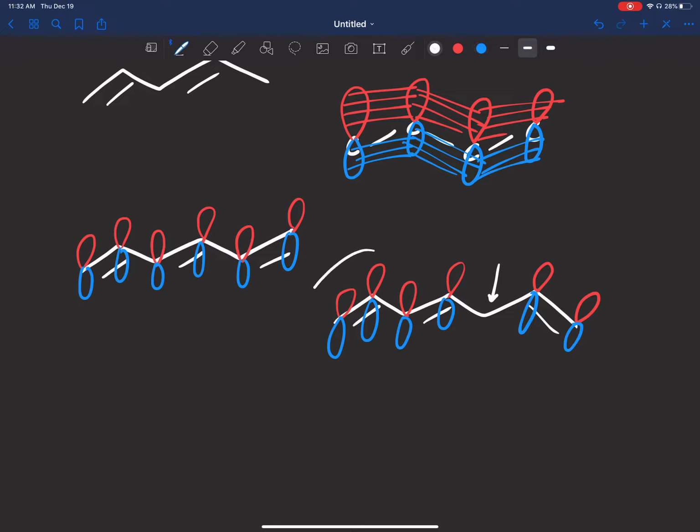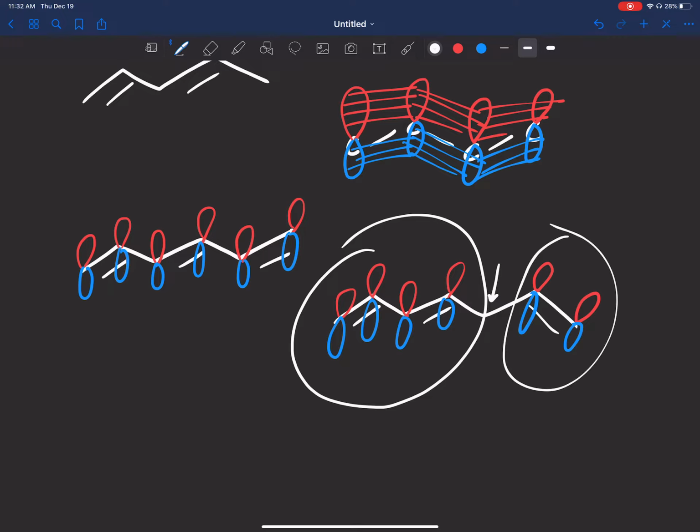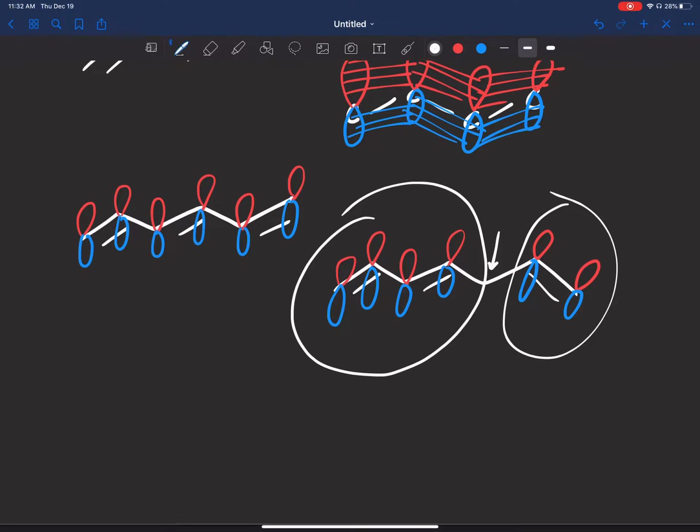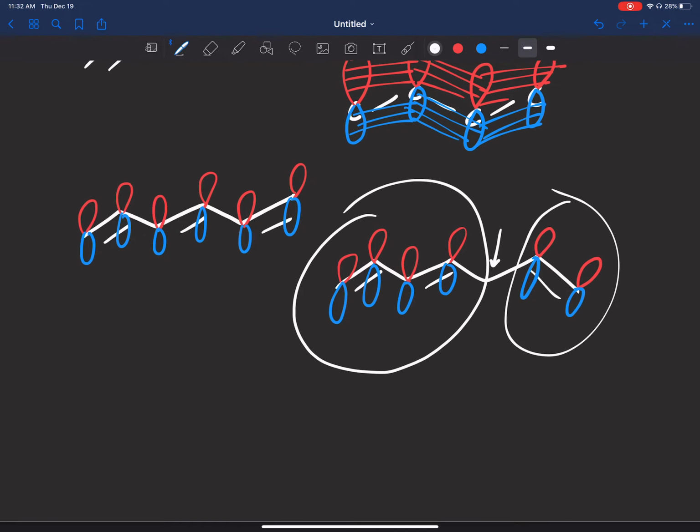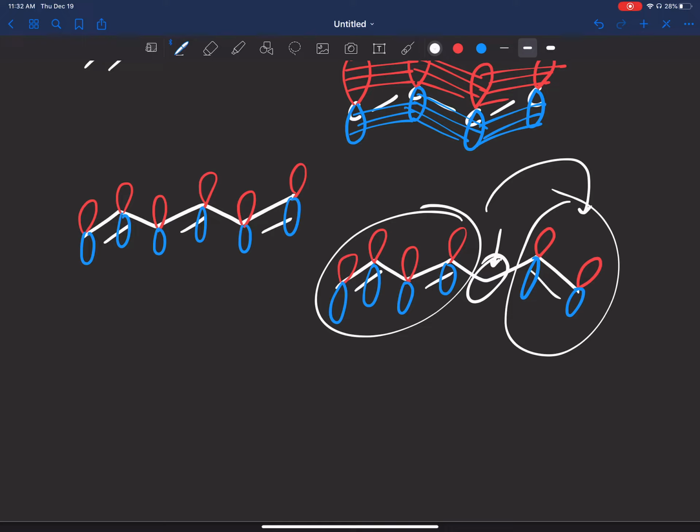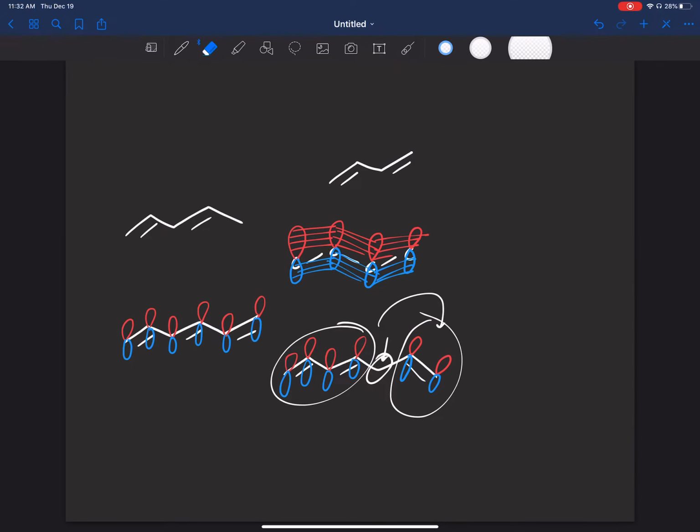What this shows is these p orbitals overlap, but not those. What this means, to help you understand a little better, is we cannot resonate any of these double bonds over to this side because there is no overlap with the p orbitals on that carbon. That's the key thing to see here.